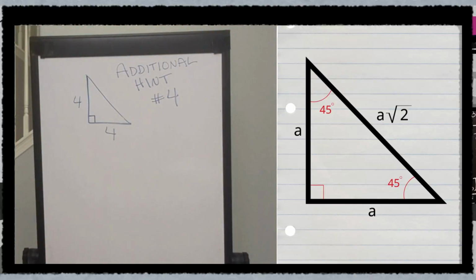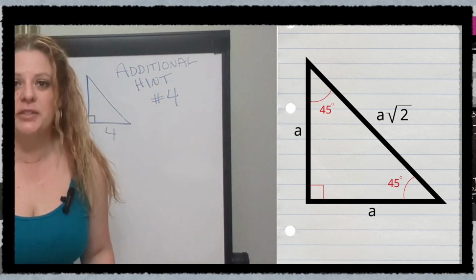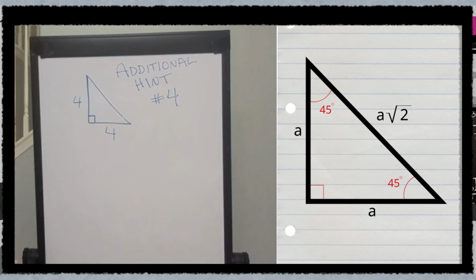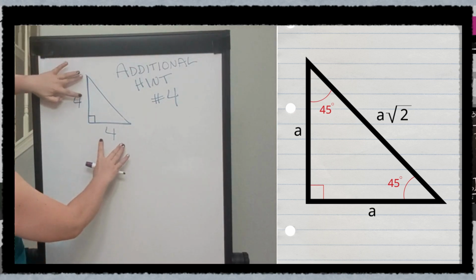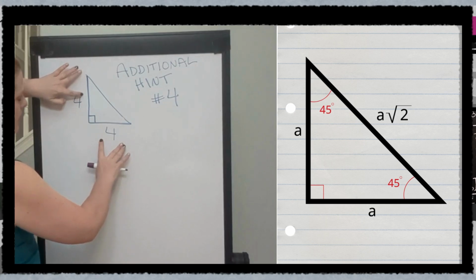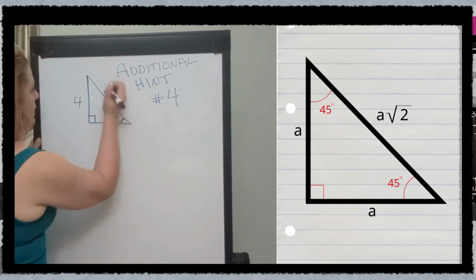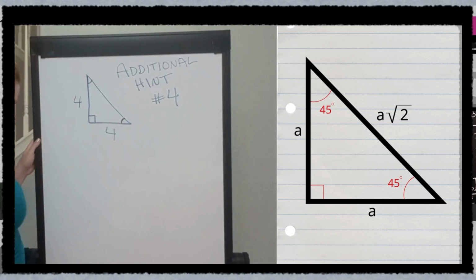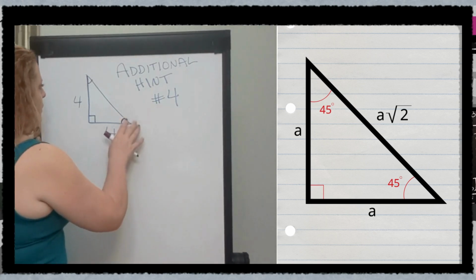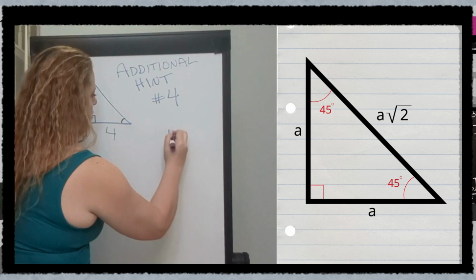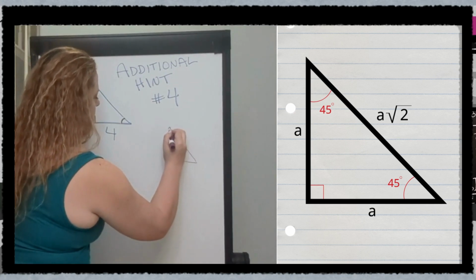Okay, I have an additional hint for number 4, which we're about to do. I just want to run through real quick. If you have a triangle where you have 2 legs the same, you can assume we have a 45, 45, 90 triangle, and that is a special triangle. I'm going to do it off to the side like I did with that 30, 60, 90.